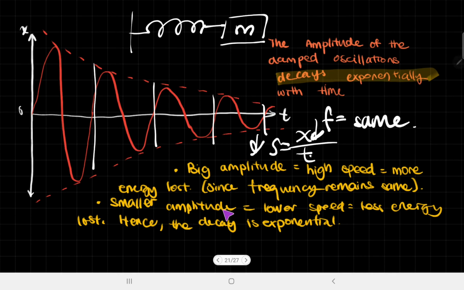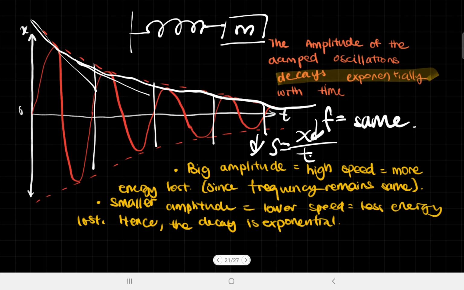So smaller amplitude leads to lower speed, leads to less energy lost. Hence the decay is exponential. At the higher amplitudes, they lose energy at a higher rate, but at the lower amplitudes, they lose energy at a slower rate. And this is what leads to this sort of graph. And that explains the entire phenomenon.